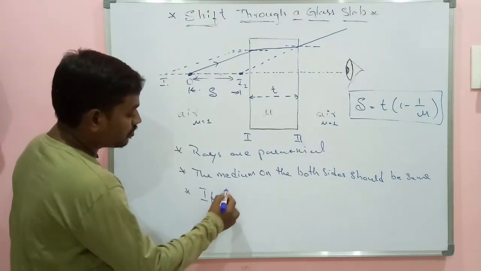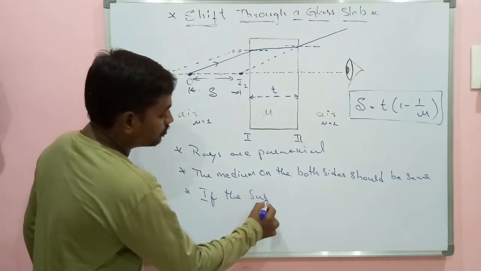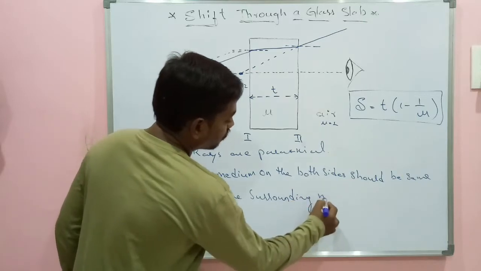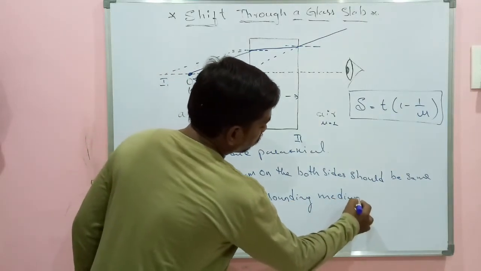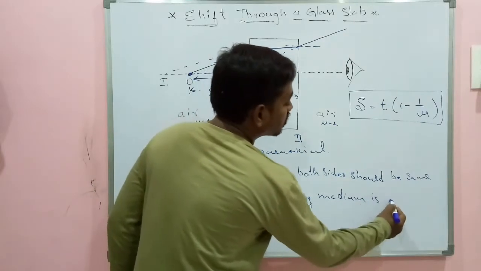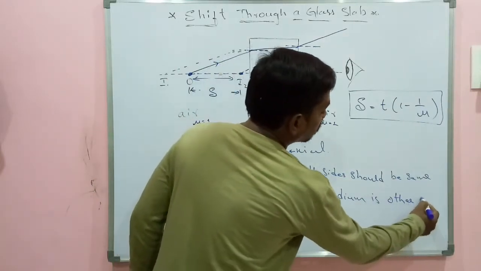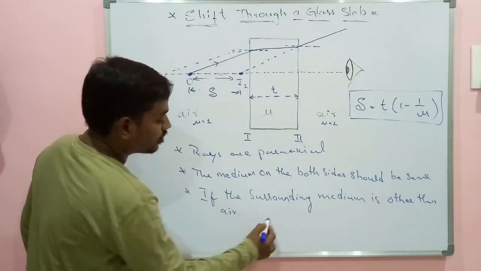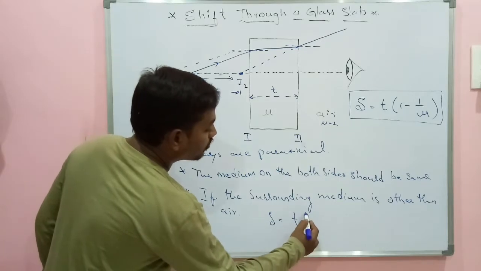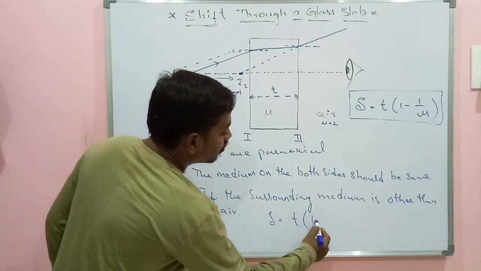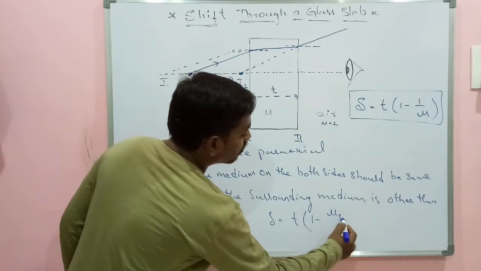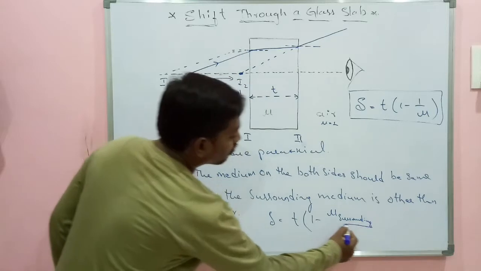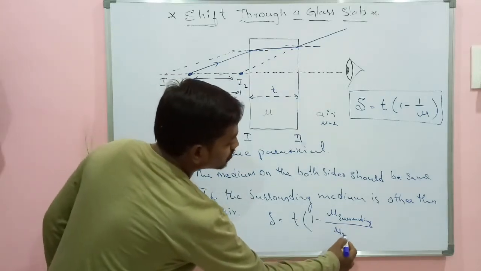If the surrounding medium is other than air, then S can be calculated by the formula S equals T of 1 minus mu surrounding by mu slab.